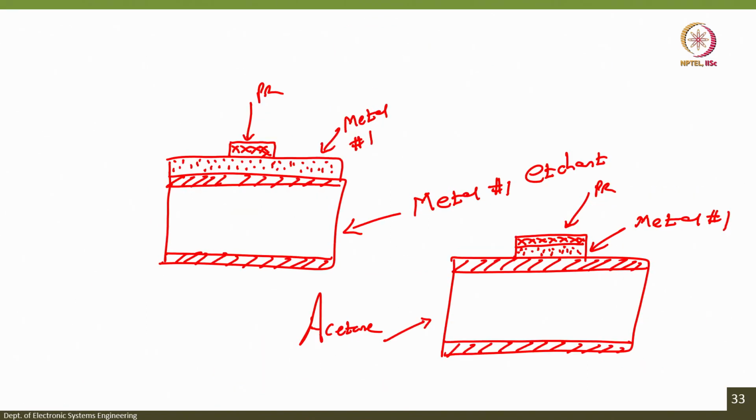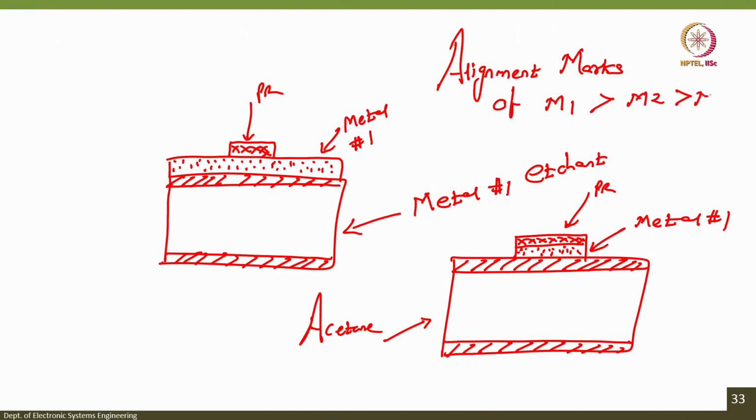So again, the alignment mark of mask 1 is greater than mask 2, which is greater than mask 3, or mask 3 is smaller than mask 2, which is smaller than mask 1; either is correct.